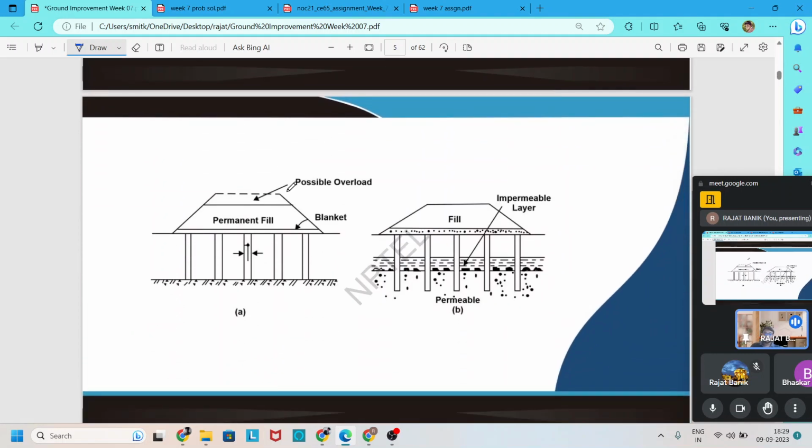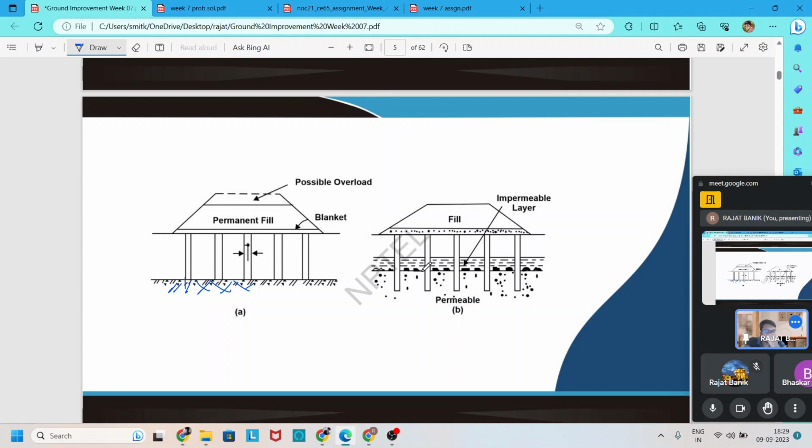So here two figures are shown. One is for when the vertical drain reaches up to a certain rock surface, and the second figure is shown when the vertical drain passes through an impervious layer in between. So you remember that if any hard stratum is present, the vertical drain should reach up to that hard stratum.